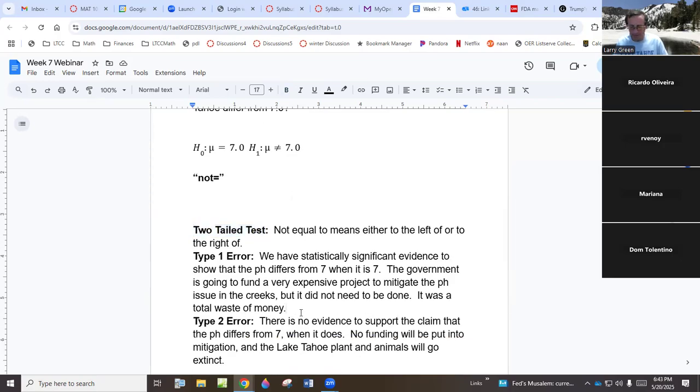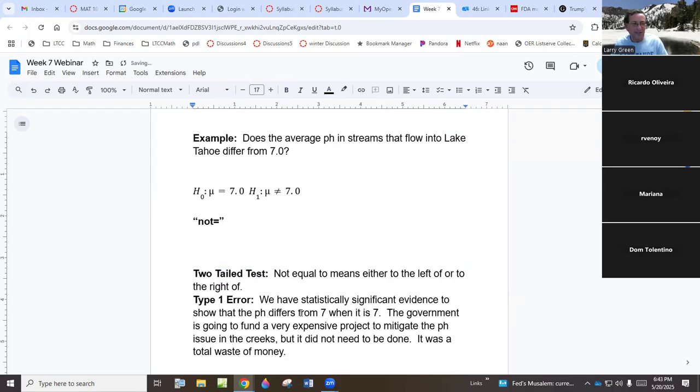Okay, so type 1. Let's think about the type 1 issues. That means we have statistically significant evidence to show the pH differs from 7 when it is 7. In other words, the water is wonderful. There's no problems with the water flowing into Tahoe. But for some reason, our data showed evidence that the water is not good.